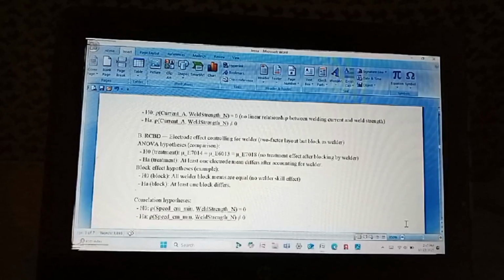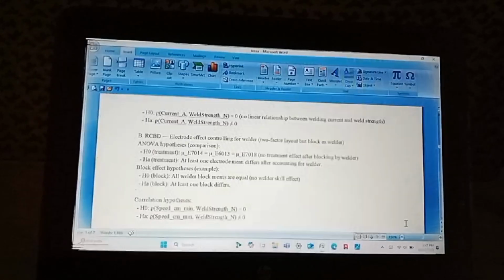HA treatment: at least one electrode mean differs after accounting for welder. Block effect hypothesis example. H0 block: all welder block means are equal, no welder skill effect. HA block: at least one block differs.